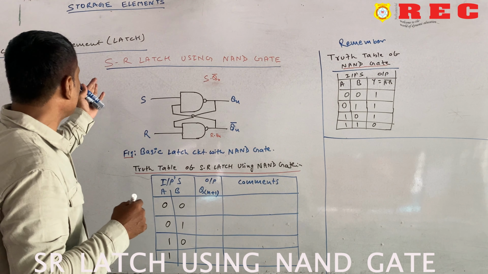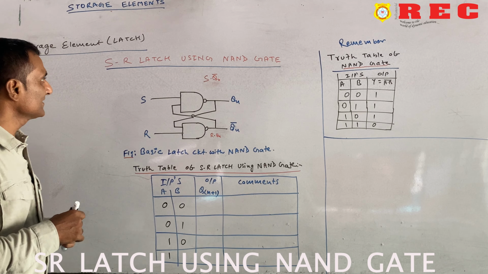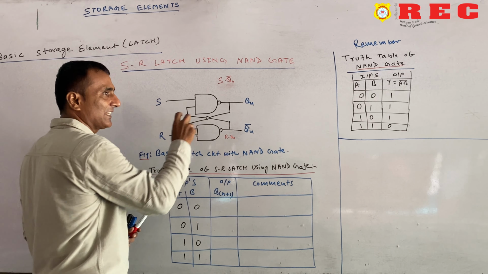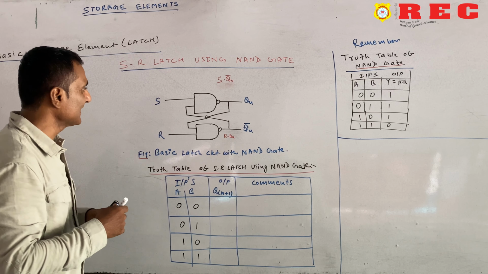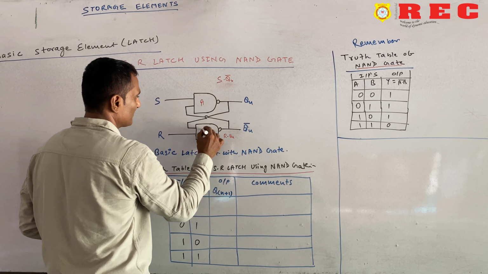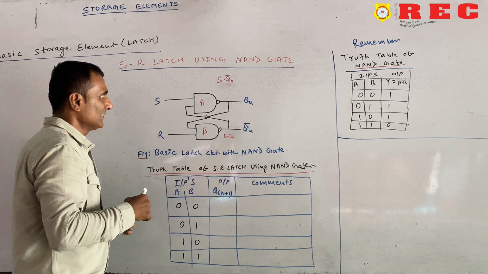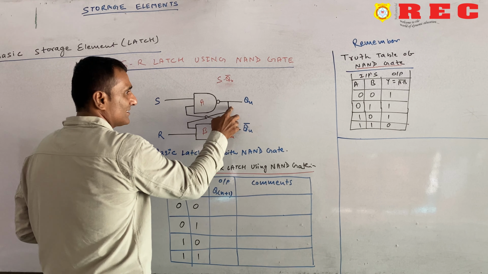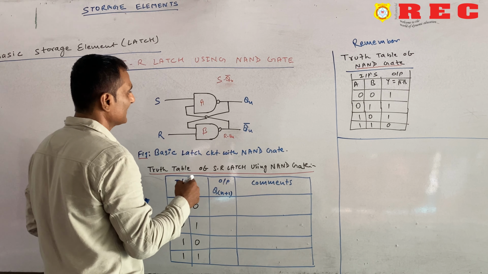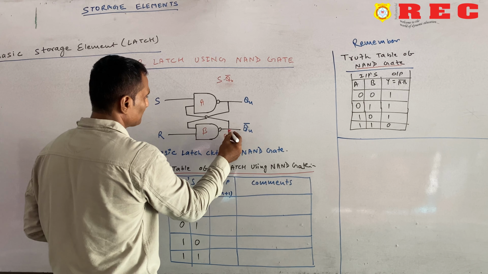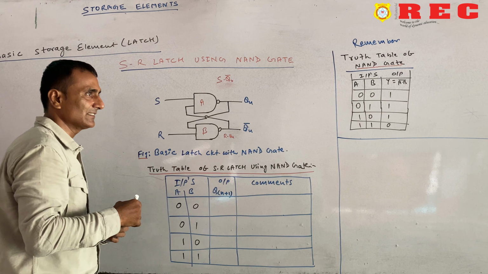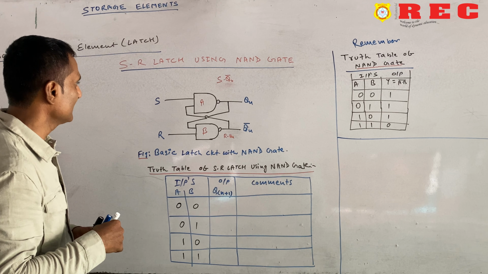So the topic is SR latch using NAND gate. We have kept here two NAND gates, and you can name them whatever you want, like A or B. The output of A is given as input to the B NAND gate, and the output of B NAND gate is input to the A NAND gate.